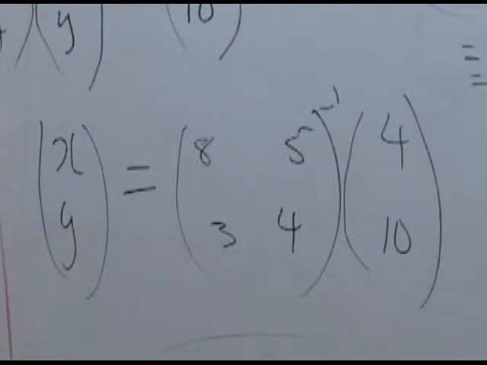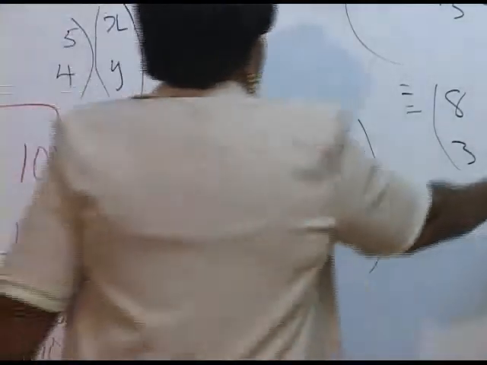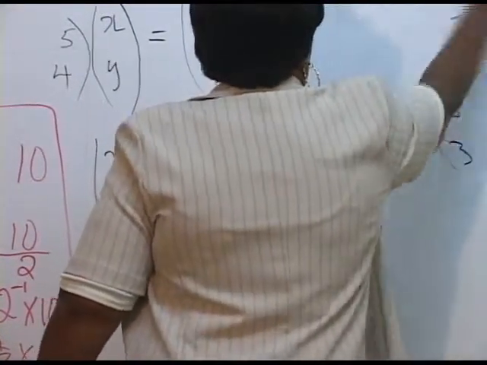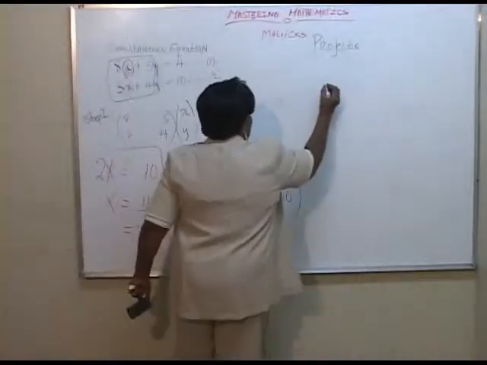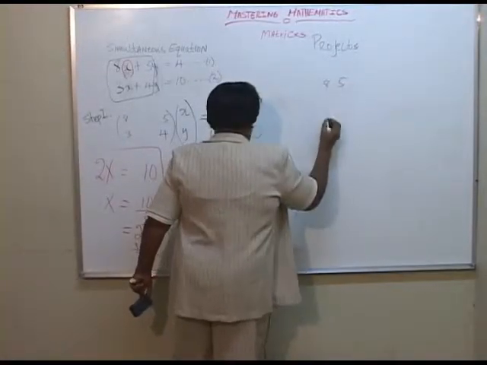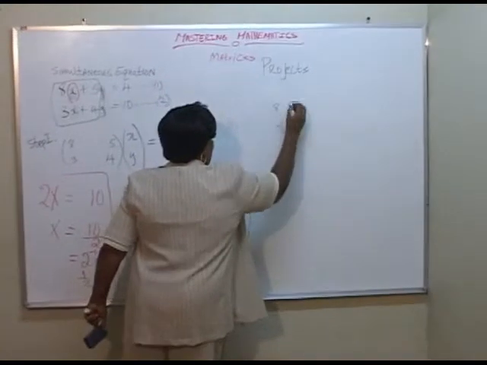Okay, and it is multiplied by 4, 10. We would then have to take an aside and find the inverse of that matrix, 8, 5, 3, 4. So we will now be finding the inverse of the matrix 8, 5, 3, 4.